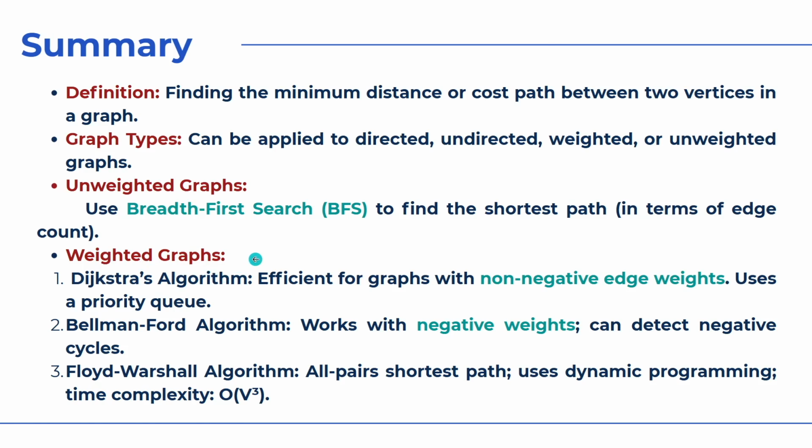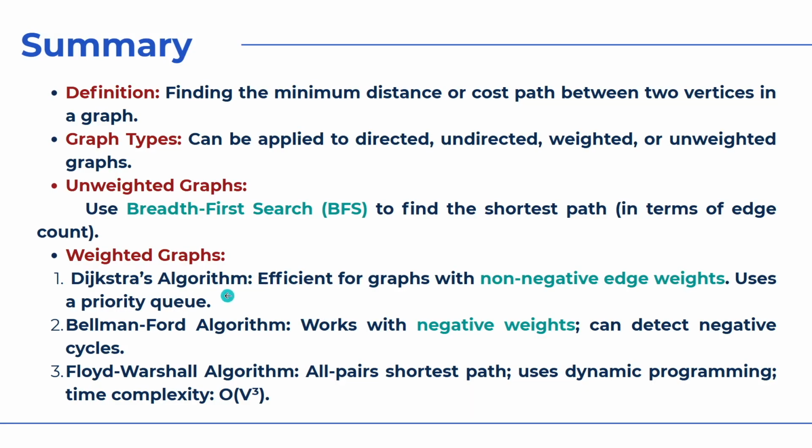And specifically for weighted graphs where the edges are all non-negative, Dijkstra's algorithm is the best choice. If in a weighted graph the edges have negative weights, it is good to go with the Bellman-Ford algorithm.